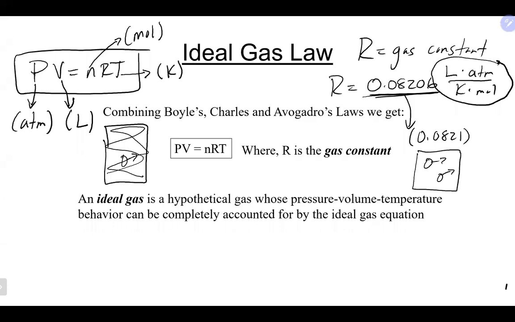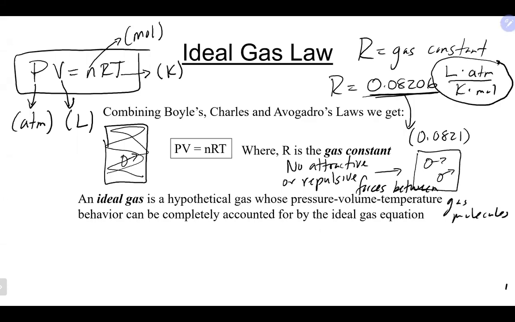So you could actually have multiple different gases in the same container, and we could treat it like they're in there by themselves. So that's the other part that makes something an ideal gas: there are no attractive or repulsive forces between gas molecules.